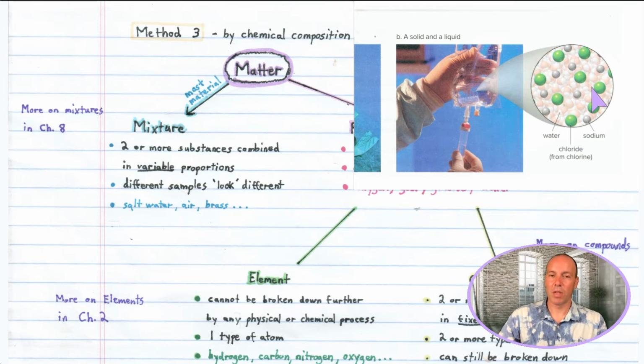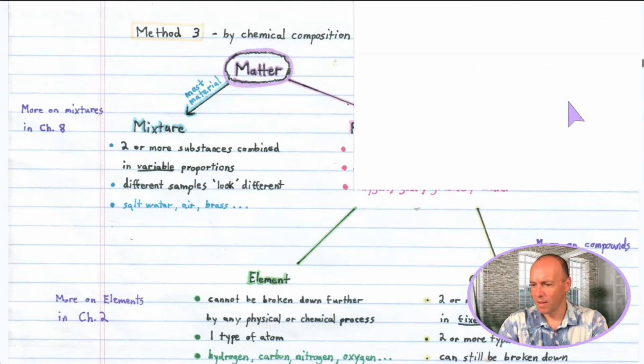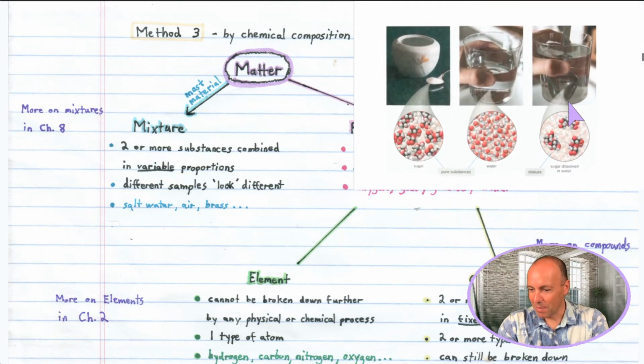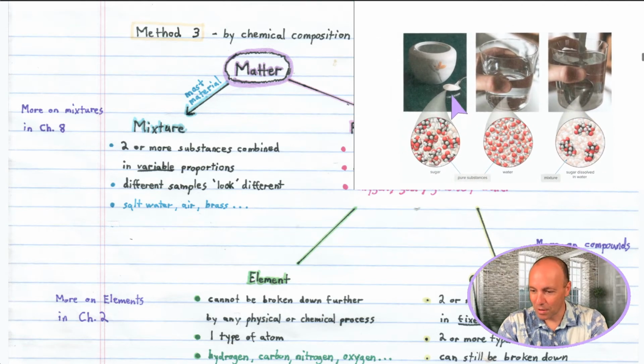And we'll talk about such cases when we get to solutions in chapter 8. But you can tell that this is a mixture because you got more than one type of particle. You got your water particles back here and your salt particles more clearly colored. So that's a mixture.